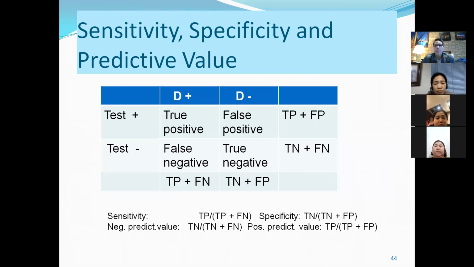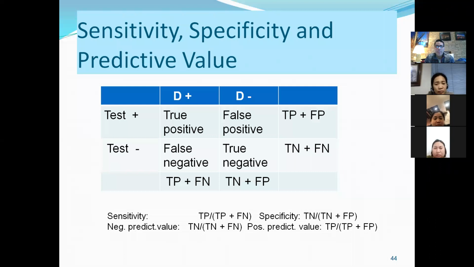And to calculate the sensitivity, you have the formula, which is TP, the true positive, divided by true positive plus false negative. So that's your D plus. Basically, true positive plus the false negative are the D plus.